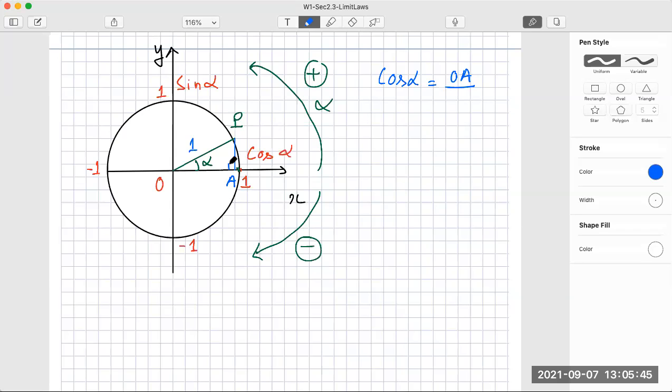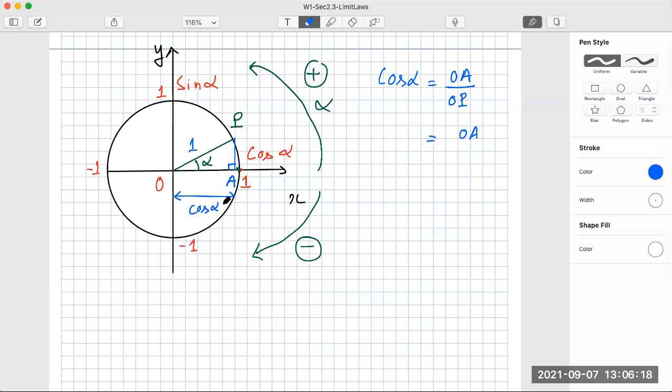When we project, this will be a right angle. And OP is simply 1. So the distance from O to A will be exactly the value of cosine alpha. It's very convenient when we use a unit circle.